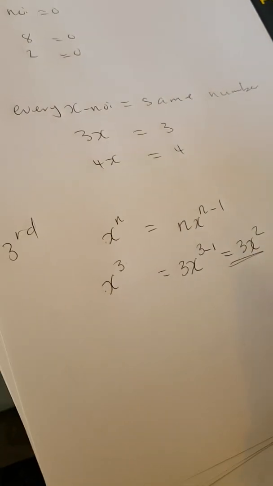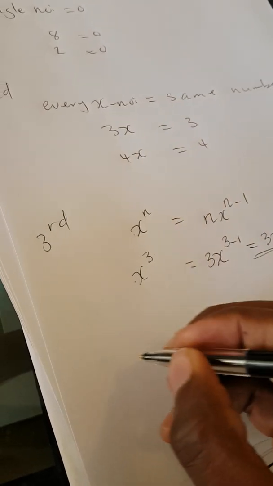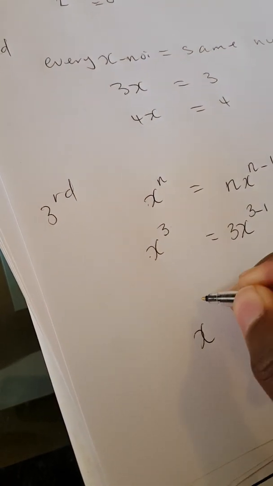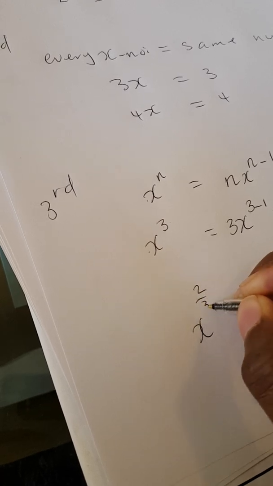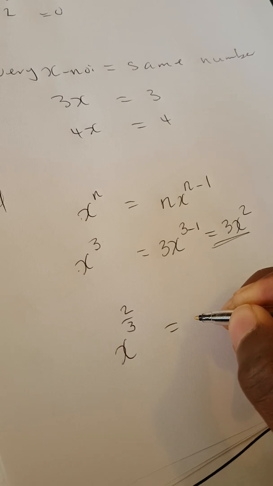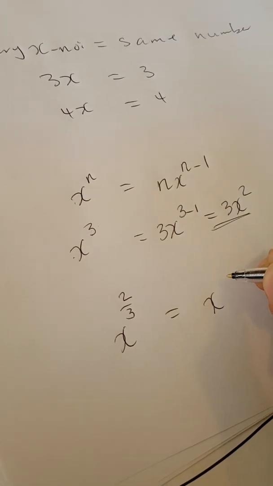You see how it goes? Okay, one more thing again. I'll give you x to the power 2 over 3. Now your n is a fraction. What must you do?